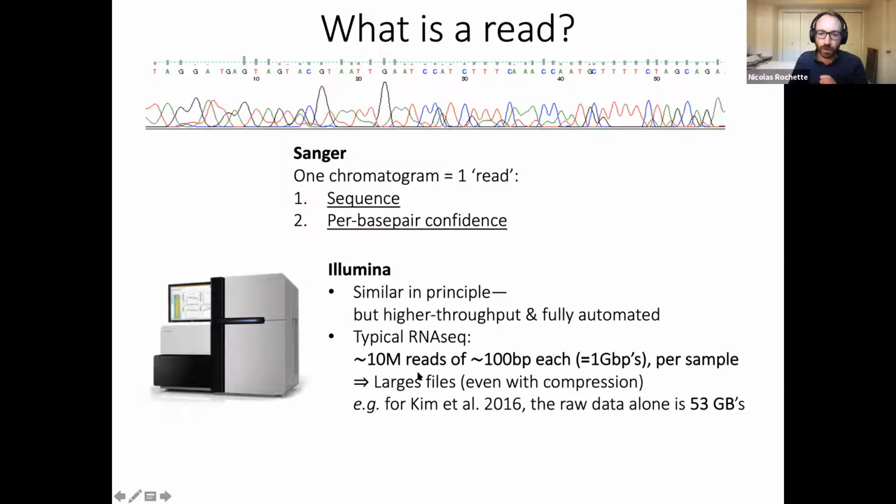The other thing is that Illumina has a much higher throughput than Sanger. The consequence, and that's true for high throughput data in genomics in general nowadays, is that we're going to deal with very, very large data sets. For the study whose data we're using, the full data set, just for the raw reads, before we start any sort of processing, is 50 gigabytes.